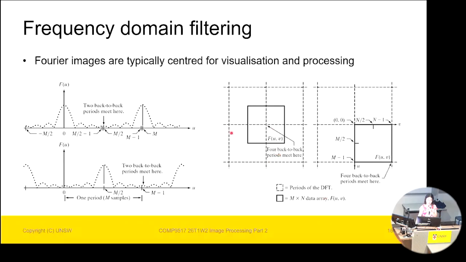Here is another illustration of why we can put F00 in the middle. In the continuous domain, the frequencies are indefinite. In the image domain with the 2D discrete representation, U and V can range from 0 to almost infinity as well, they just repeat each other.